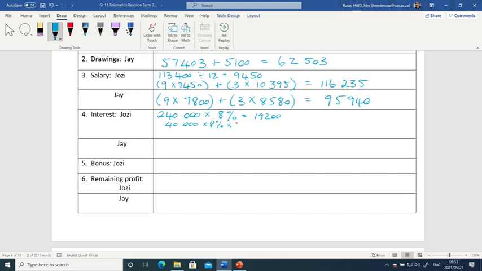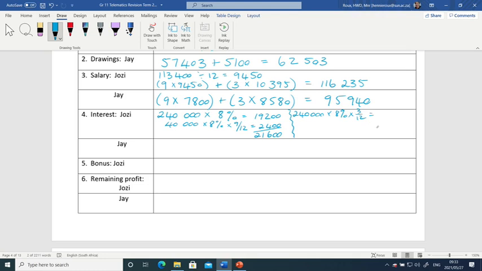So that will be for 9 months that she will receive 8% on that amount, 2,400. So there is her total interest, 21,600. You can also say 240,000 at 8% for 3 months.